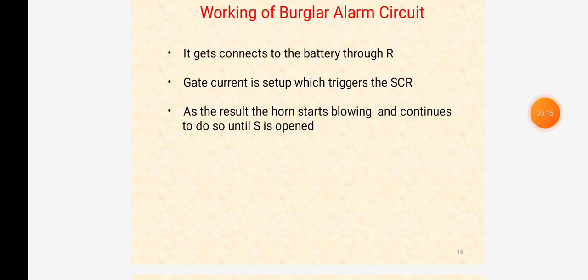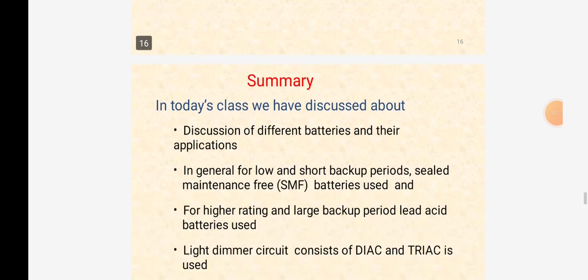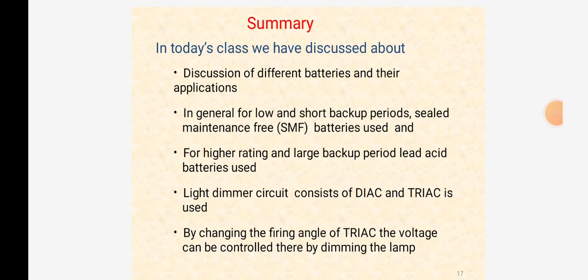Hi all. So now we watched one YouTube video regarding the emergency lamp circuit using SCR. Here the summary is: today we discussed sealed maintenance free batteries used for low and short backup, and the lead acid battery used for higher ratings.